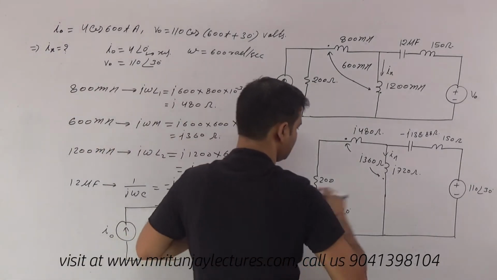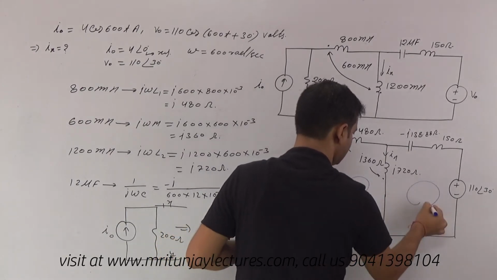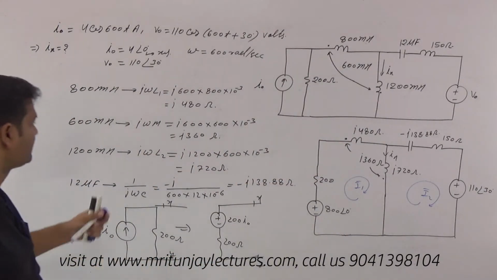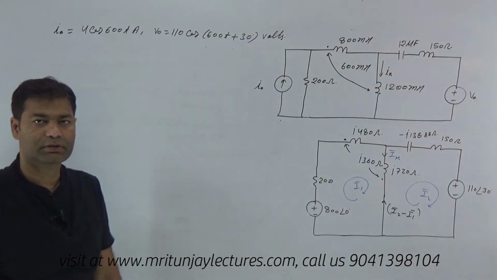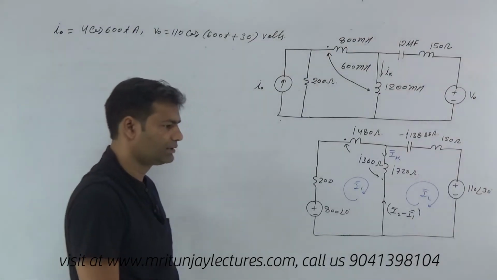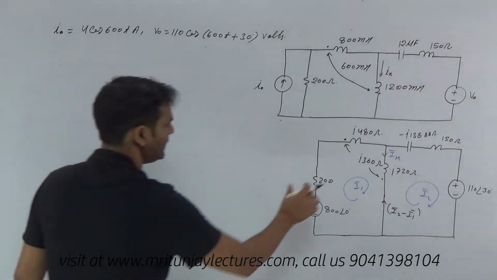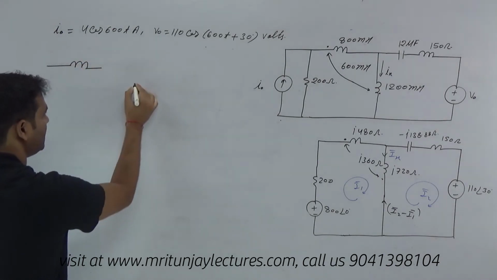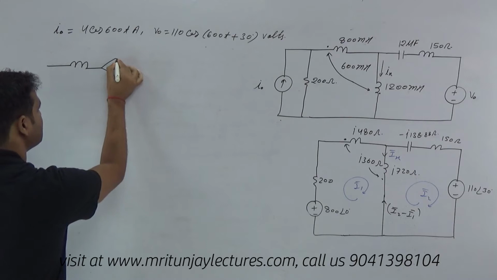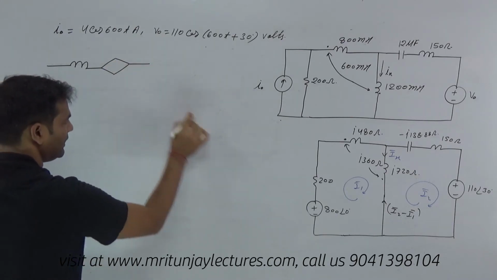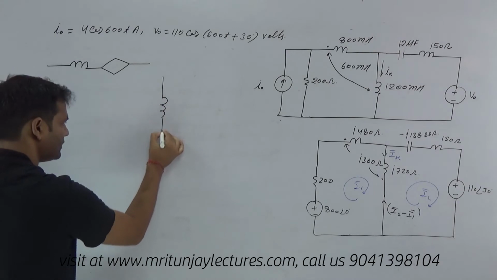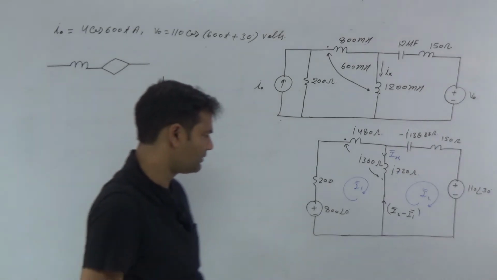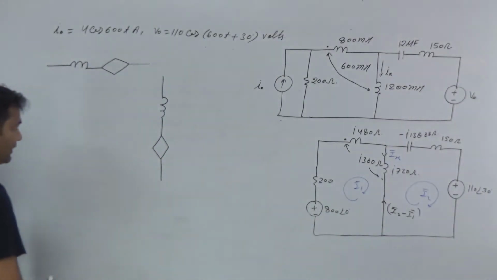After that, we have considered in this loop the current I1, and in here I2. First of all make it, and after that, how to draw the dot polarity. First of all make this one and this one, then make a box like this, and here make the dot like this.